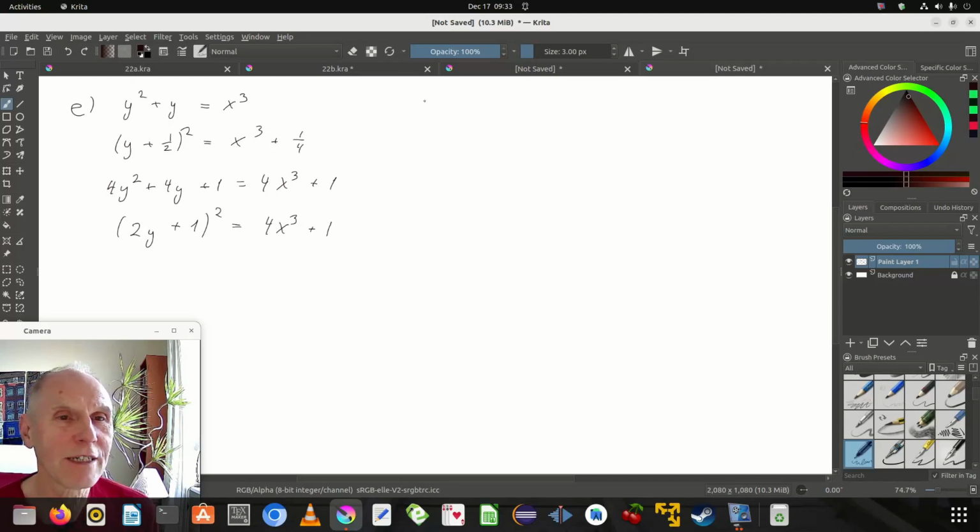Let's try to generalize it. So we write y as, I don't want to use y mark, that's too. So what can we use? U plus a, x equals v plus b.